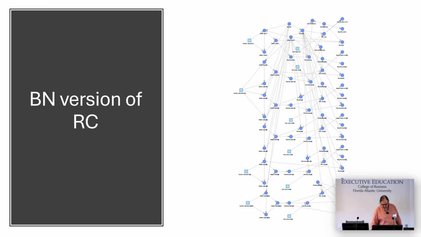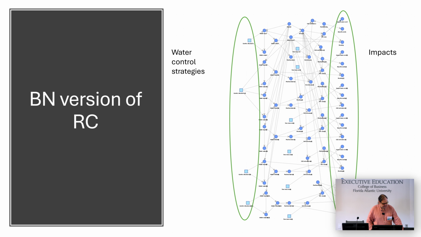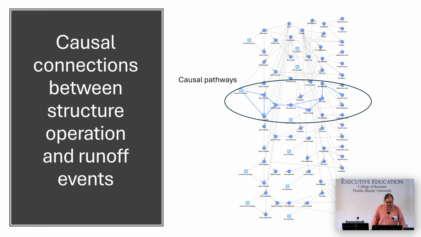So if we take one of the water control structure interventions on the left, and want to look at its relationship to an outcome node, we do the influence paths to target in BayesiaLab, and it immediately tells us what the causal pathways are, so we don't have to go through and determine it ourselves between these two.